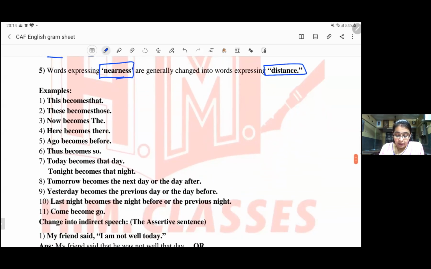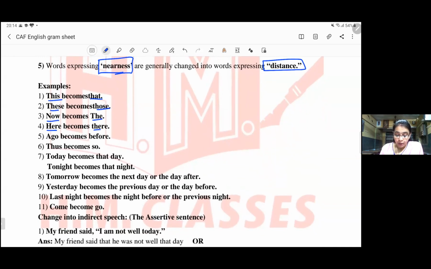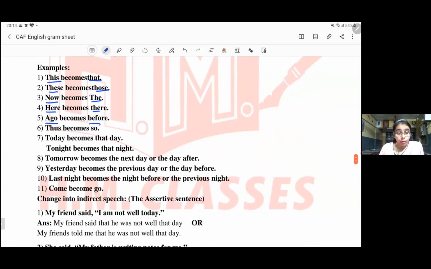Examples क्या है? This, that, these, those, now, here, there, ago, therefore, thus, so, today, that day, tonight, that night, tomorrow, the next day or the day after, yesterday, the previous day or the day before.